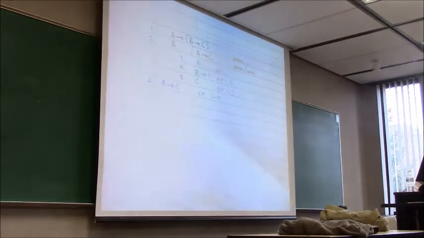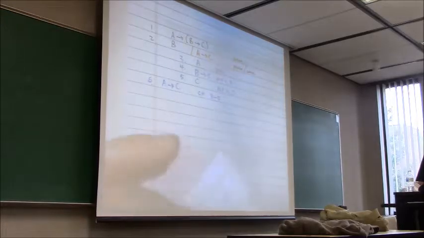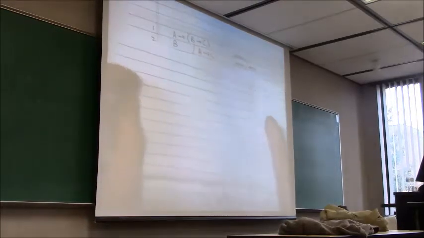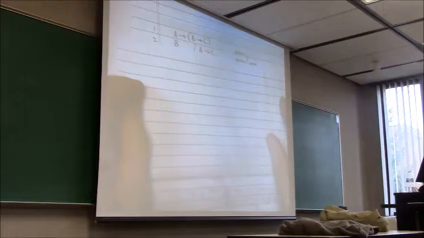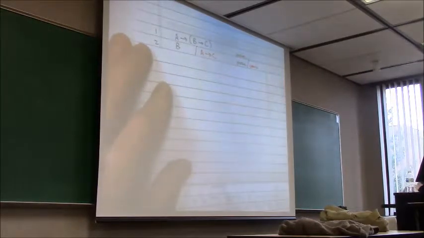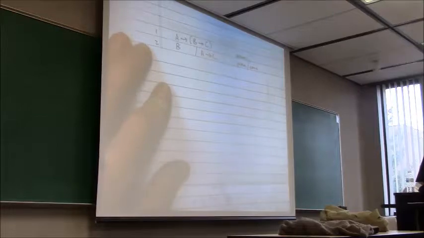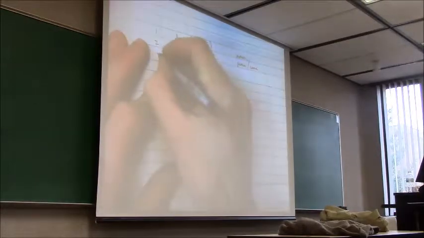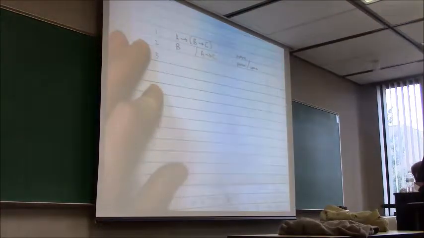There we go. Does anyone know how you could do this without assuming? It's actually similar to a trick I showed you when we were doing commutation and association. Implication.